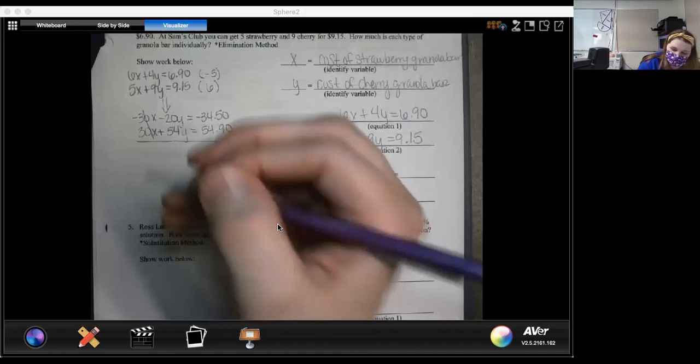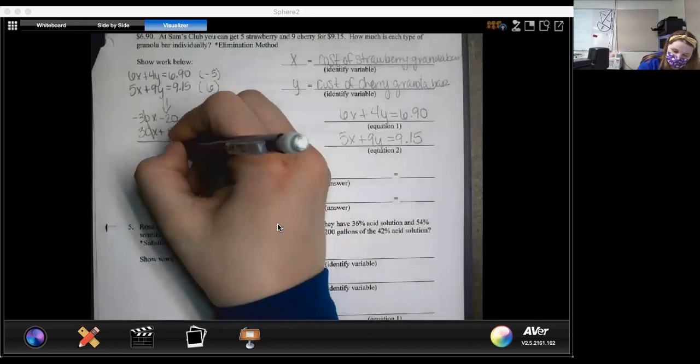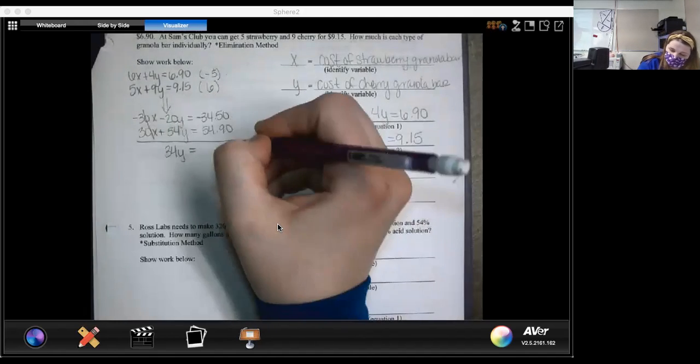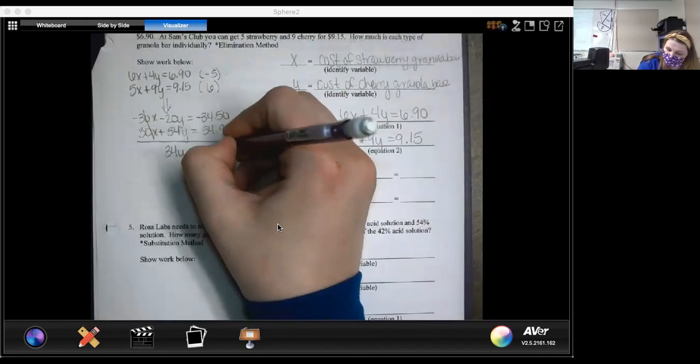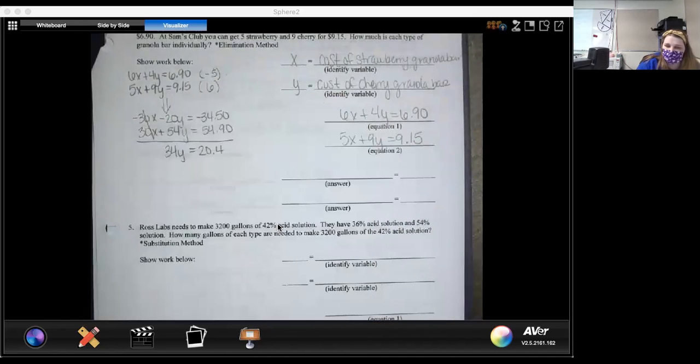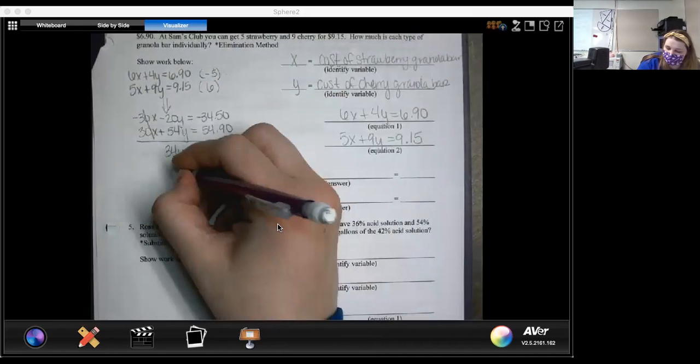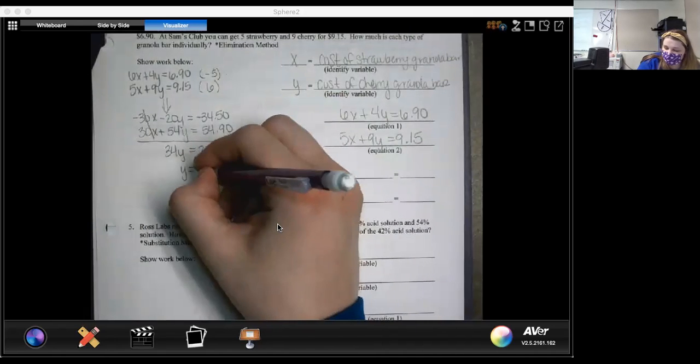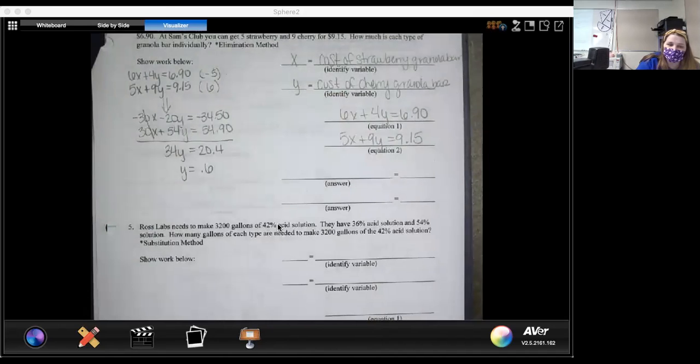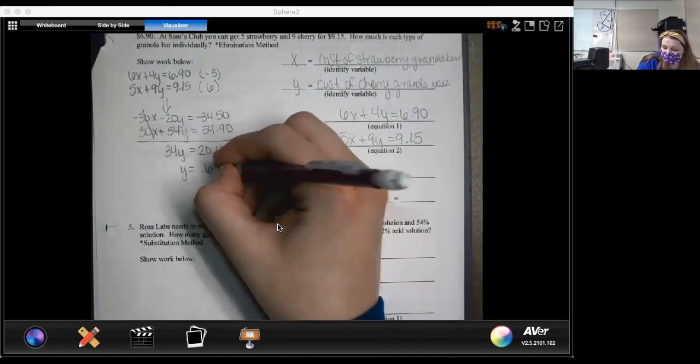Nathan? 20.4, good. So therefore, y would equal 0.6. Now, in reference to money, would we just put 0.6? Yeah, we'd add a 0, so we'd put 0.60.